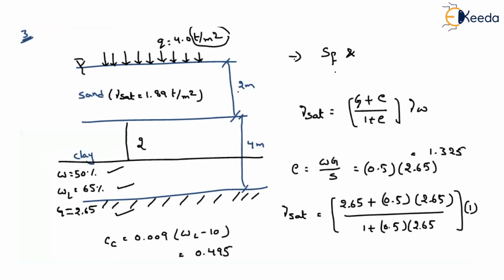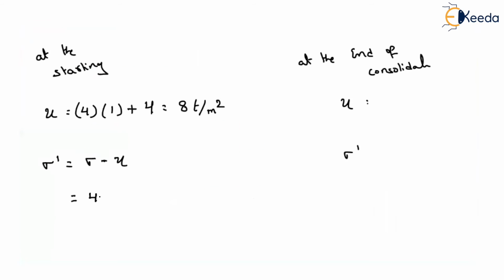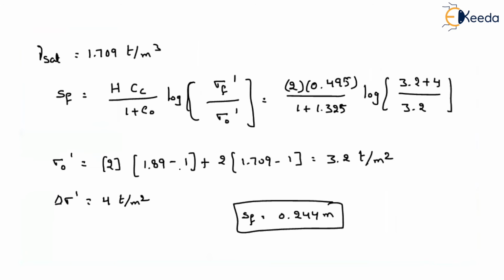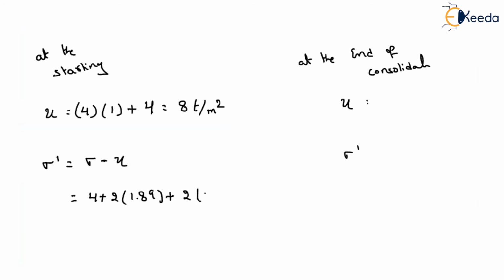Total stress at the center of the clay layer: surcharge 4 plus 2 into, because of the sand, 1.8 is the value given, 1.89 at the center of the clay layer, plus 2 into what is the saturated density of clay? 1.709. This is the total stress minus what is the pore water pressure? 8. So if you are solving this, how much will you get? You will get this value around 3.19.